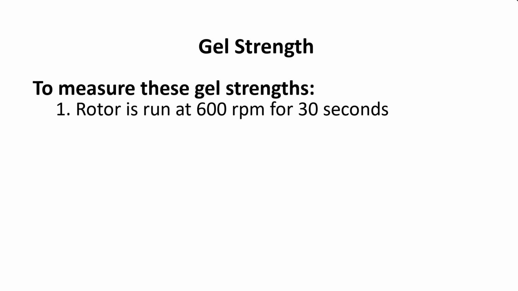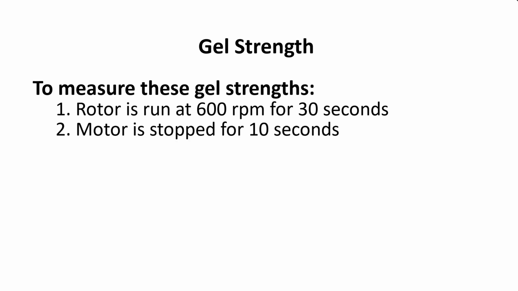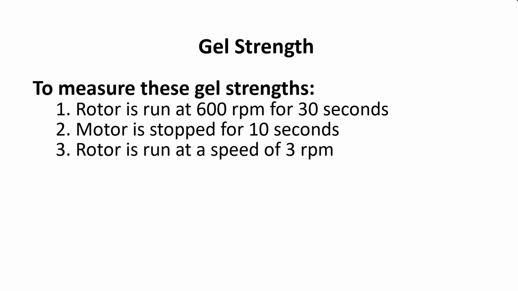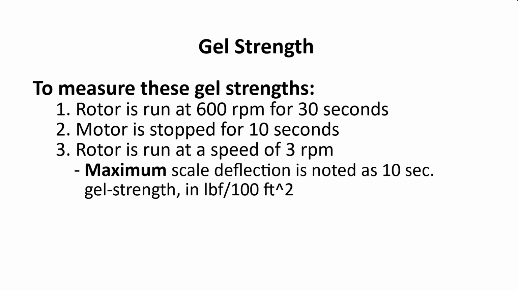To measure these, the rotor is run at 600 RPM for 30 seconds, then the motor is stopped for 10 seconds. After 10 seconds have elapsed, the rotor is run at a speed of 3 RPM and the scale deflection is noted as the 10-second gel strength in pound force per 100 feet squared.